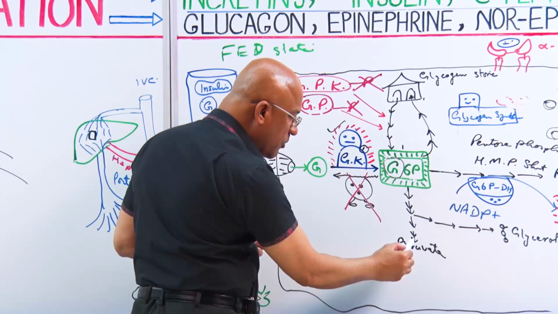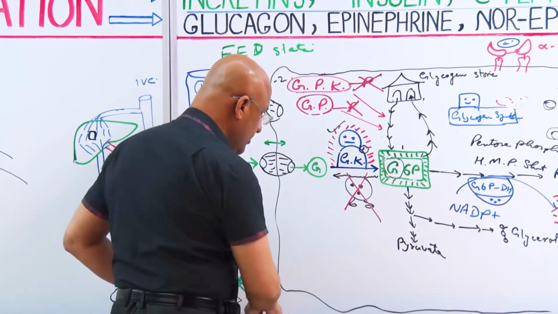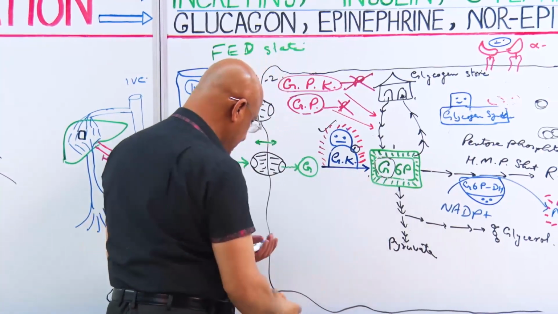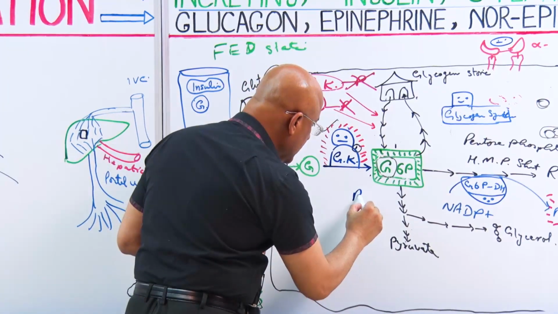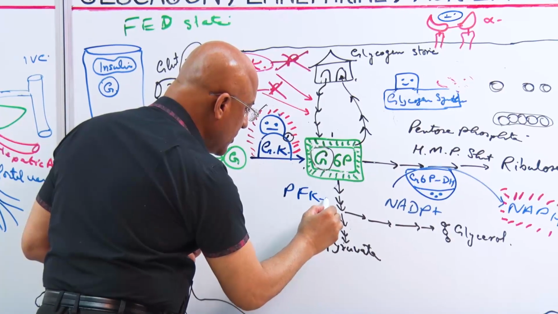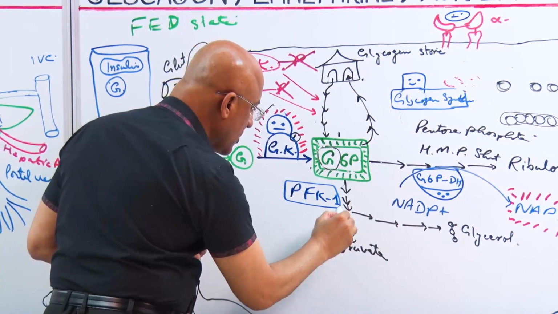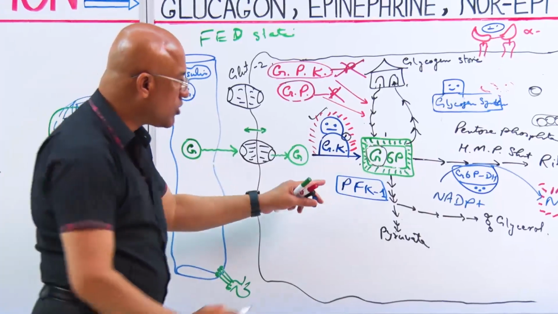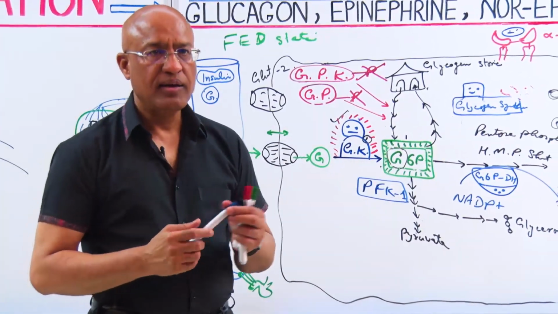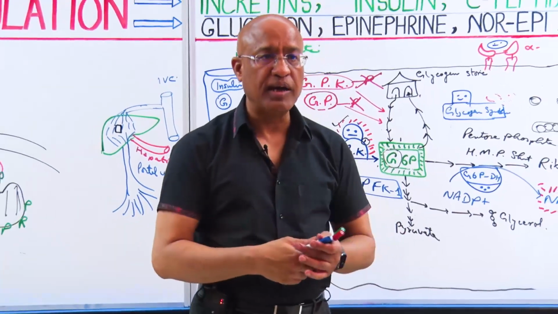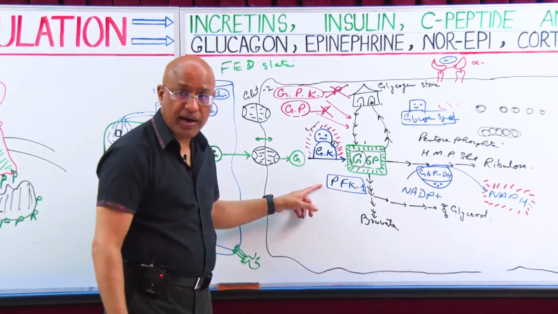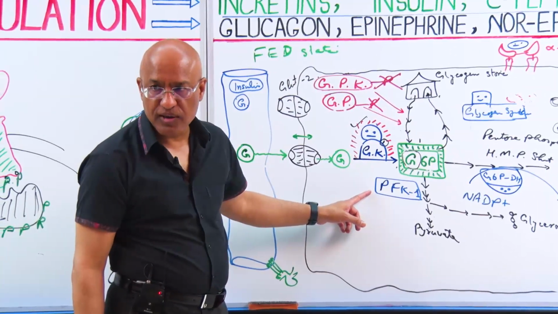Then another regulated enzyme on the way is phosphofructokinase 1, right? This is also a regulated enzyme, and it is positively regulated by insulin. And it is positively regulated by deficiency of energy.